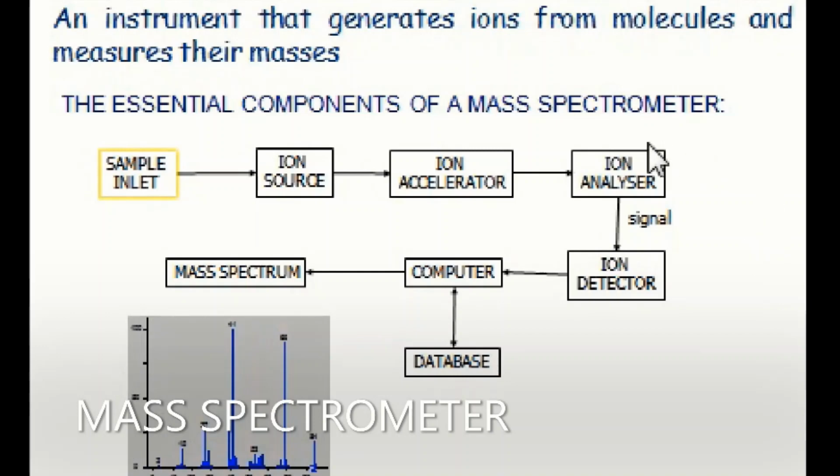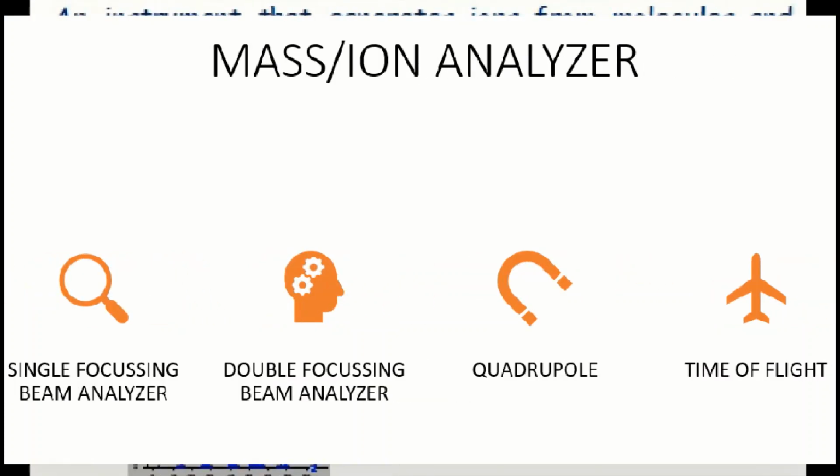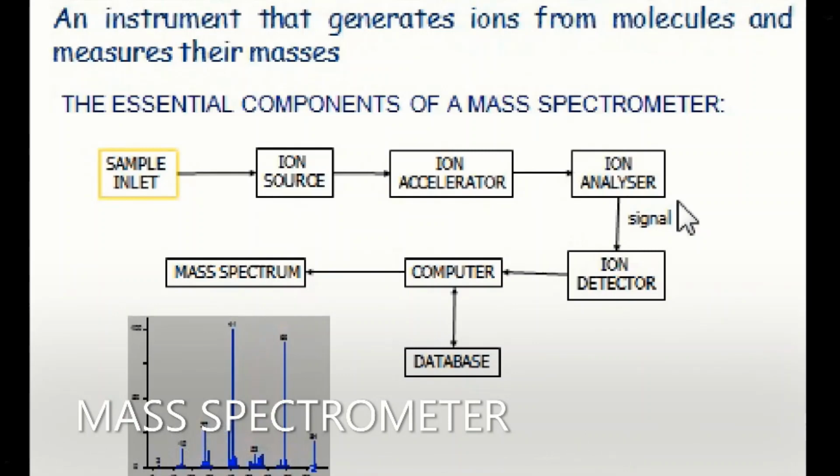Now one thing that I have not told you earlier is what actually happens in the ion analyzer. There are a number of different types of ion analyzer: a single beam and a double beam ion analyzer, or time of flight, or quadrupole electrodes used as an ion analyzer. In some mass analyzers, a magnetic field is used to differentiate the ions.